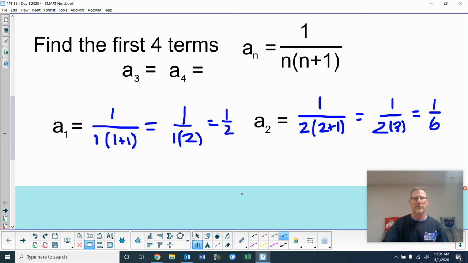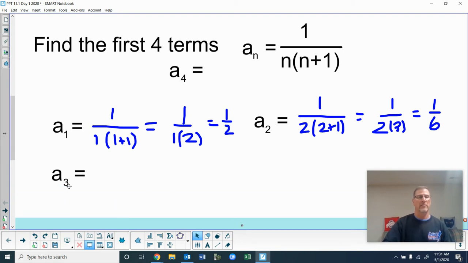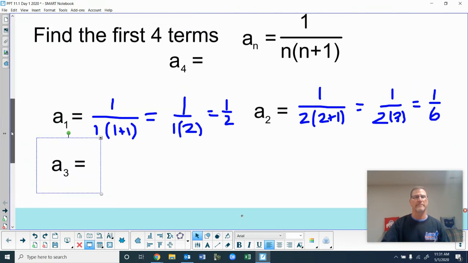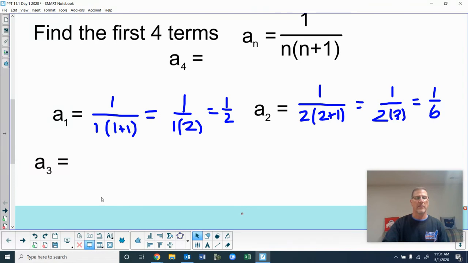And then for the third term, we're going to put 3 in. Let's try to give ourselves a little more room here. Again, 1 is the numerator, just using the rule from the problem, and the third term means n is 3.